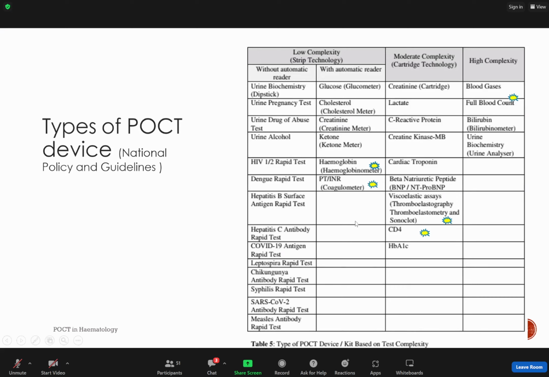As you can see here, the ones that I highlighted are actually POCT in hematology. So hemoglobin and PT-INR fall under low complexity with automatic reader. For moderate complexity, we have TEG, ROTEM, and CD4. High complexity is FBC.